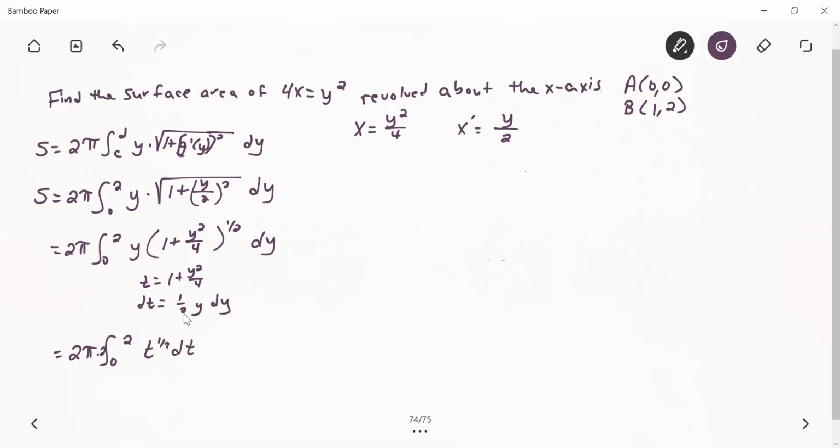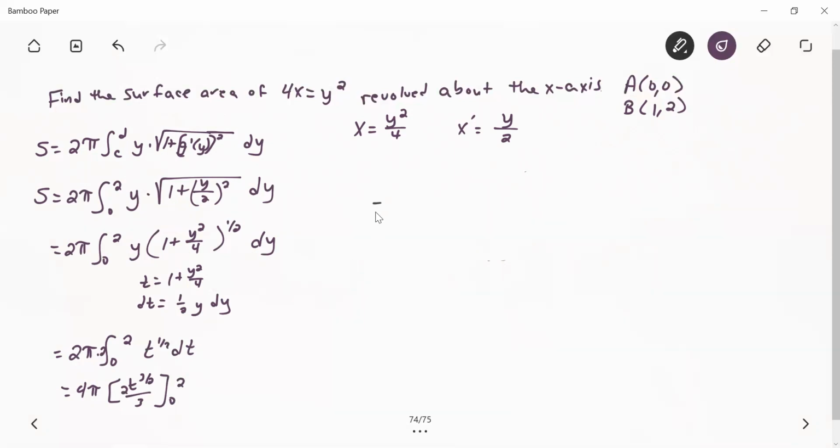Because the dt is our dy times our y over 2, to get the 1/2 here, I have to multiply by 2 out here. And then this gives me t to the 1/2. So this gives me 4 pi, and then t to the 1/2 gives me t to the 1/2 plus 1, which is 3/2, over 3/2, from 0 up to 2.